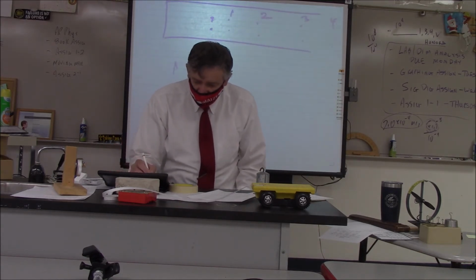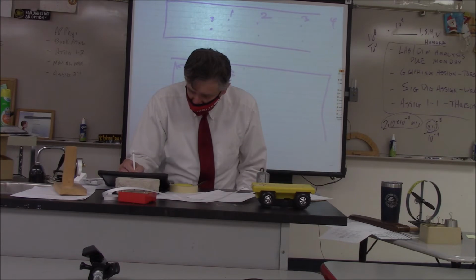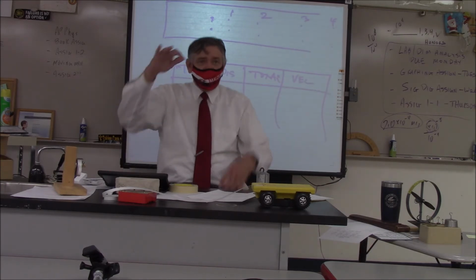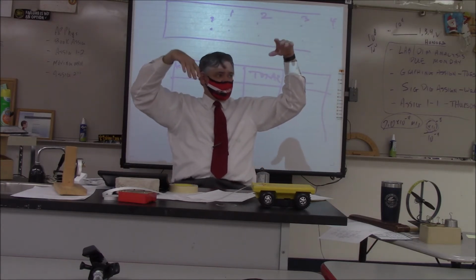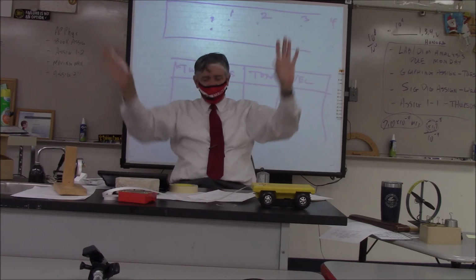On your columns, you've got time, displacement, total, and then velocity. Now, I've already put the labels for these columns at the top. You don't have to write these units each time. I already have them labeled.